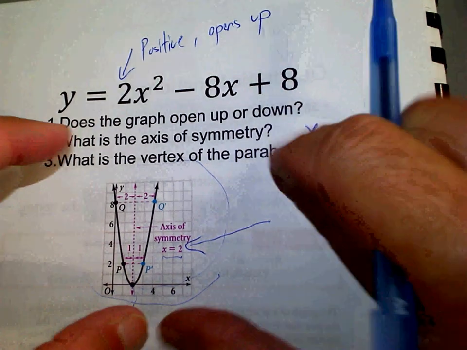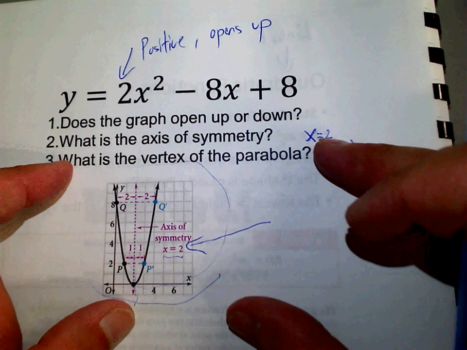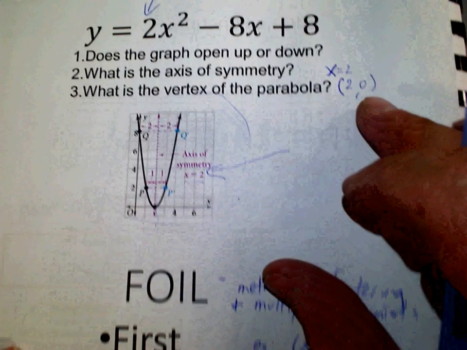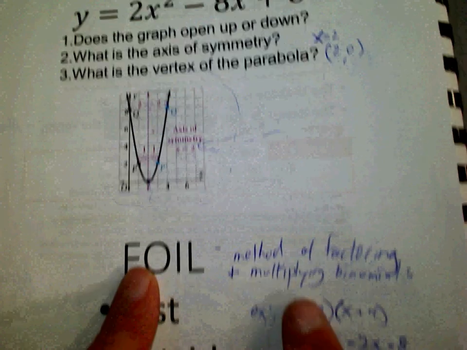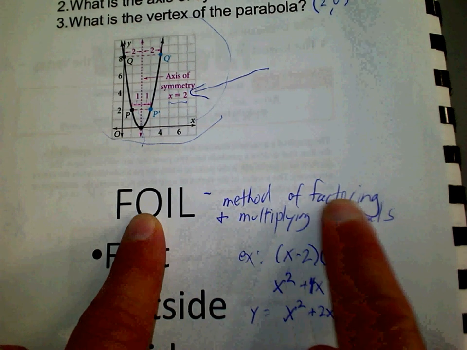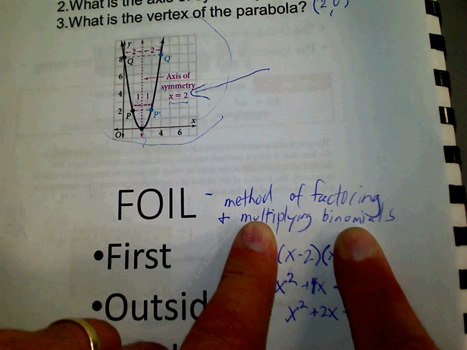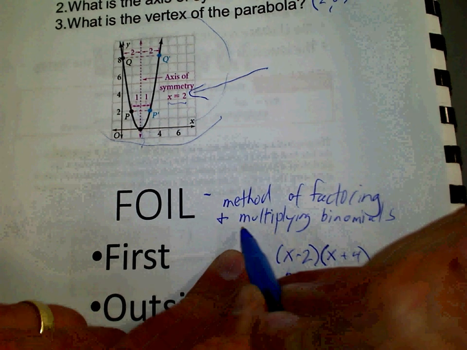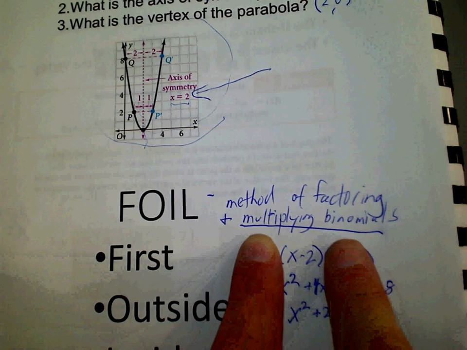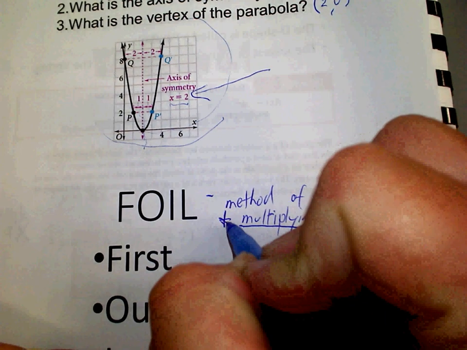All right, so there's the anatomy. Real simple example. Here's the anatomy. Some things you'll need to know. Now, some of y'all told me you've heard of FOIL before. Backwards FOIL is a method of factoring, but it's also known as a way of multiplying binomials. I know you can't read that, but write that part right there. That's the key. Regular FOIL is multiplying binomials.